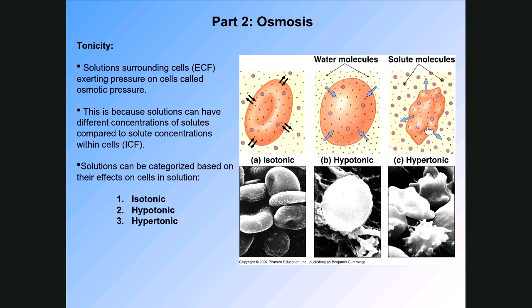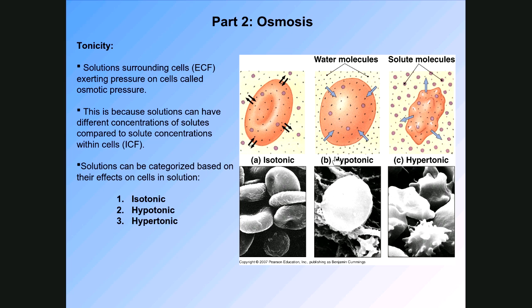If the solid concentration in the dialysis bag, your ICF, is equal to the solid concentration in the beaker, your ECF, then the ECF is behaving as isotonic. When you weigh the bag once before you place it in the beaker solution, and then weigh it an hour later after you take it back out, if the bag hasn't gained or lost any weight, then osmosis didn't occur because the ECF was behaving as isotonic.